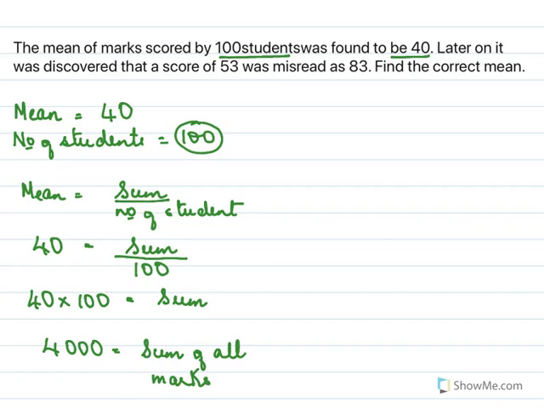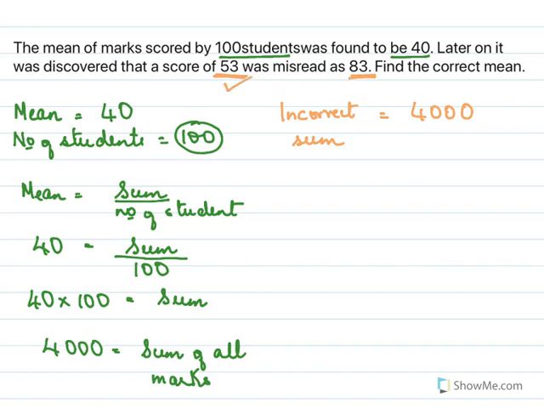Now for the second part, however, they noticed something. They discovered that the score of 53 was misread as 83. So this total was not a correct total. This was an incorrect sum. The incorrect sum was 4000, and 53 was misread as 83.